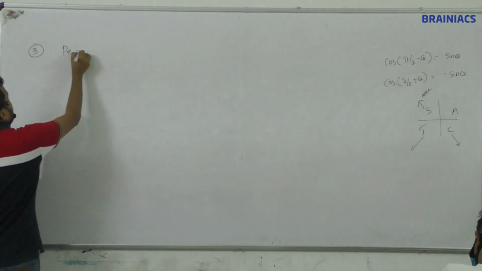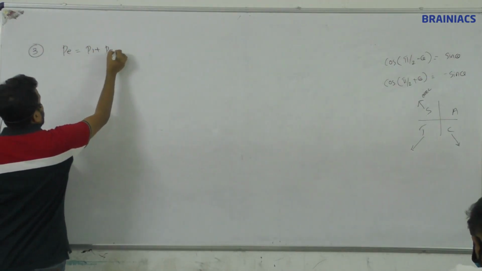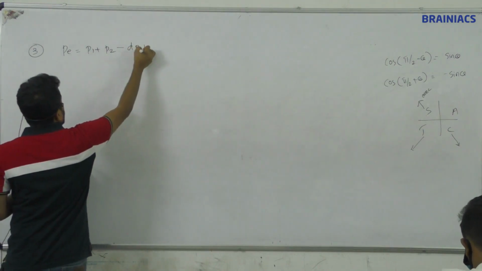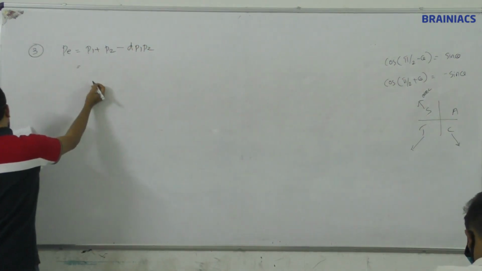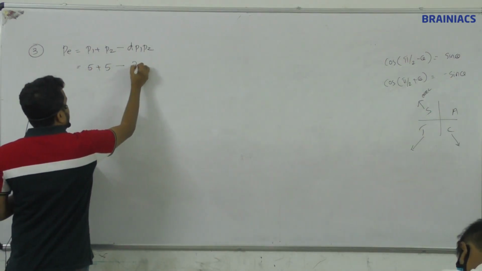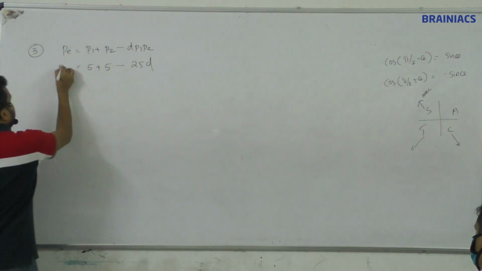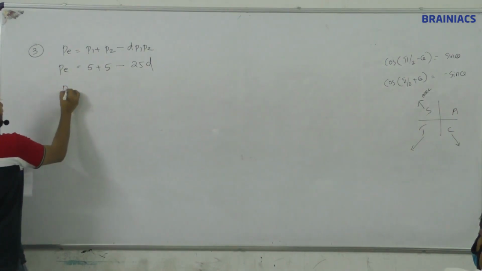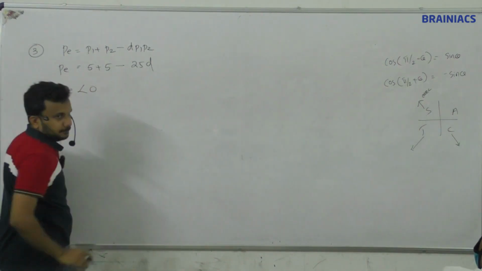Total power equal to P1 plus P2 minus D into P1 P2 if they are separated by a distance. Power is 5 plus 5 minus 25D. It is given as effective power. PE should be less than 0.